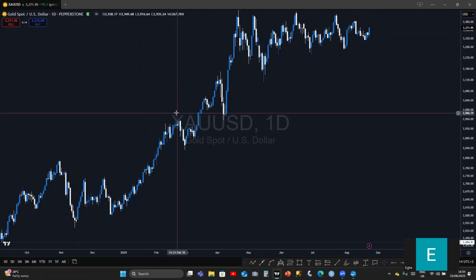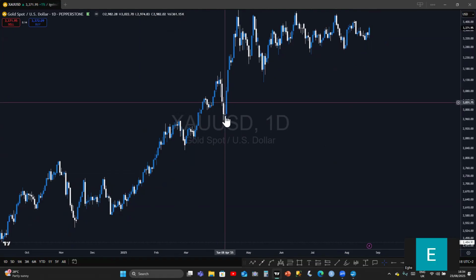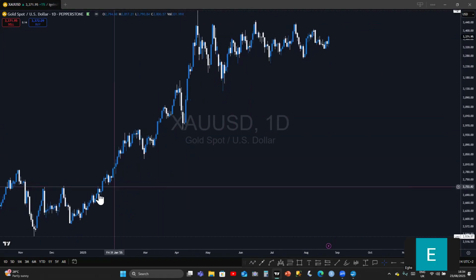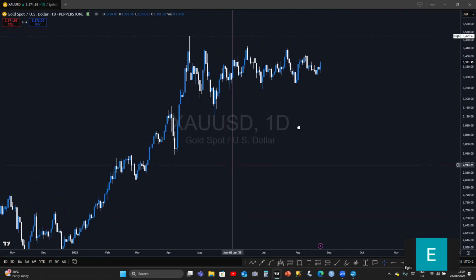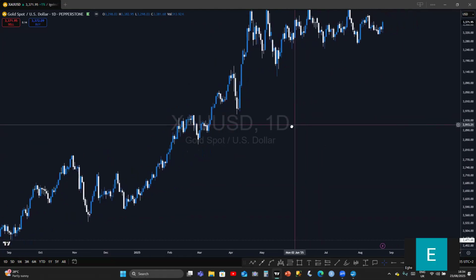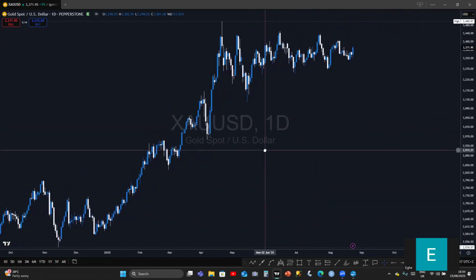It creates a high, pulls back, creates another high, pulls back. And anytime you see a change in that, you just know that the trend is about to change or something is about to happen.